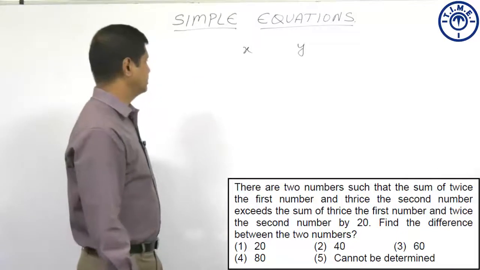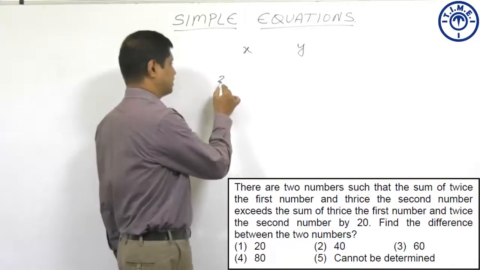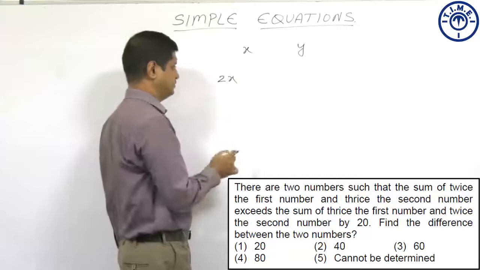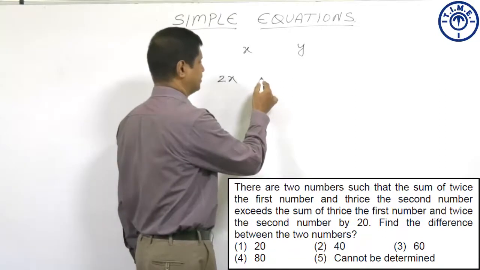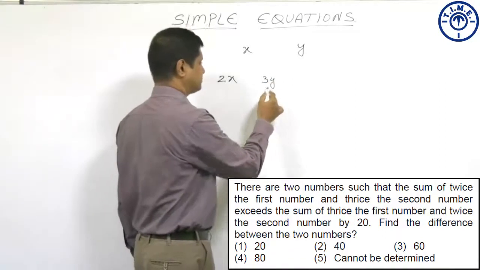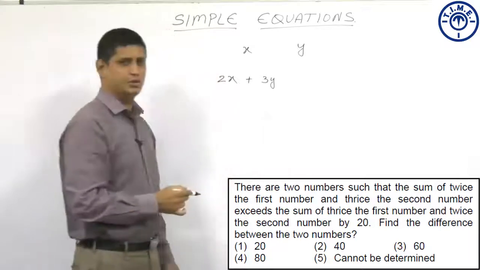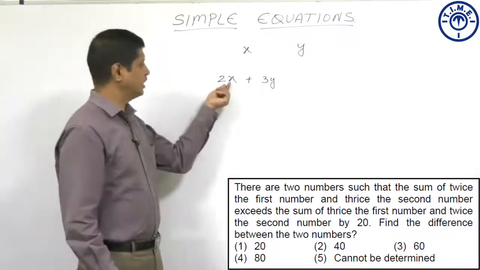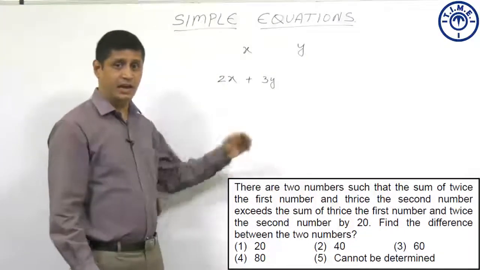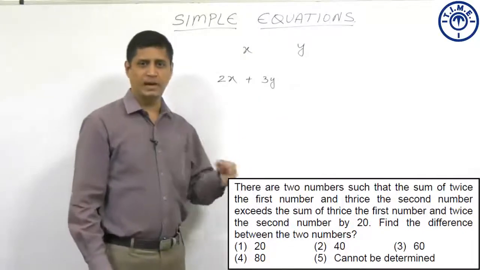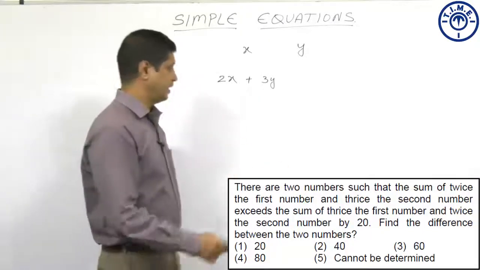What is the first condition here? Twice the first number means 2x. Thrice the second number means 3y. Sum of these two means 2x plus 3y. Exceeds means more by, differ by, more by, greater than.